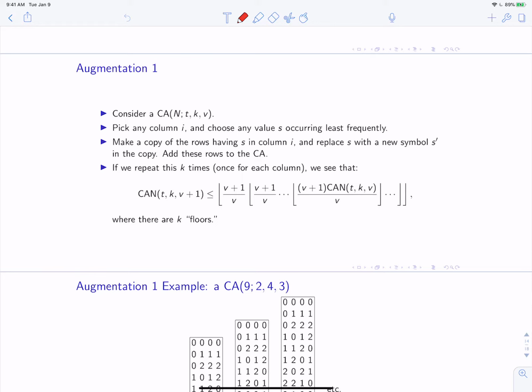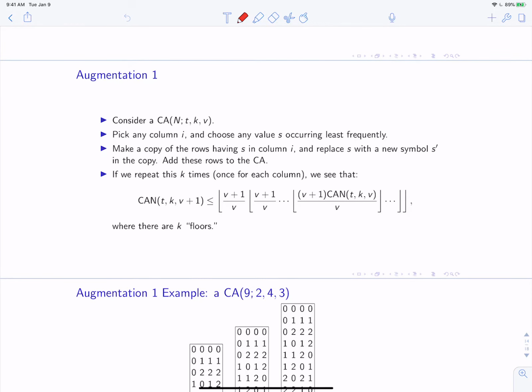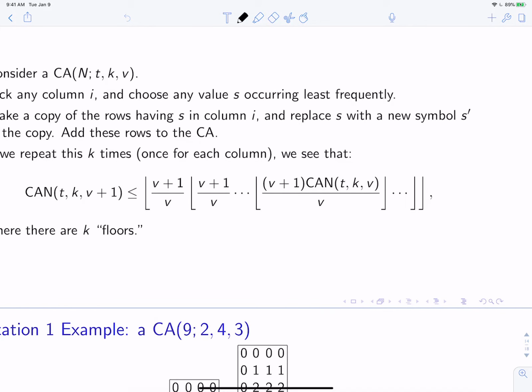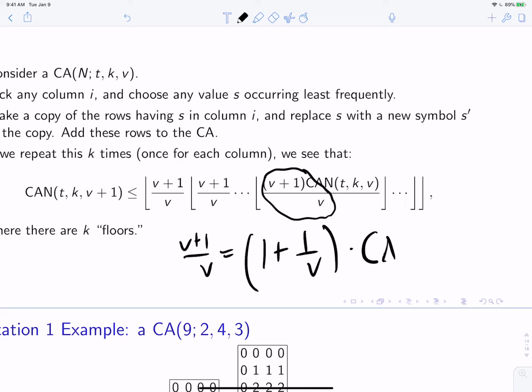And there's this funny looking bound here that you get, but the thing that you should notice here is (v+1)/v. That's the same thing as saying 1 + 1/v. And so this is 1 + 1/v times the array number for t, k, v.